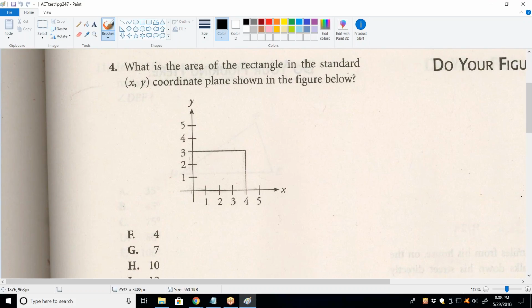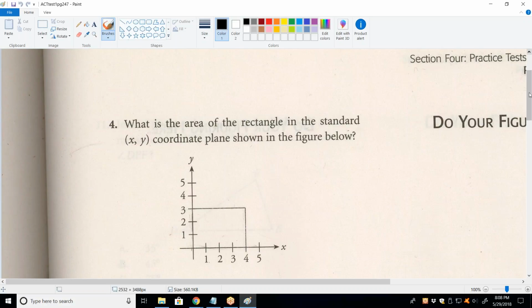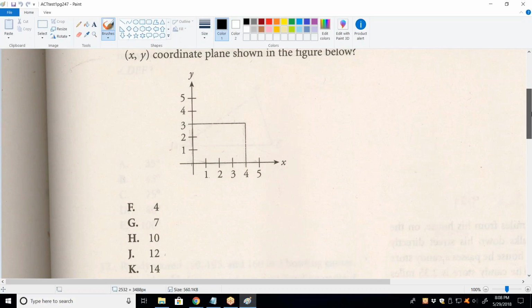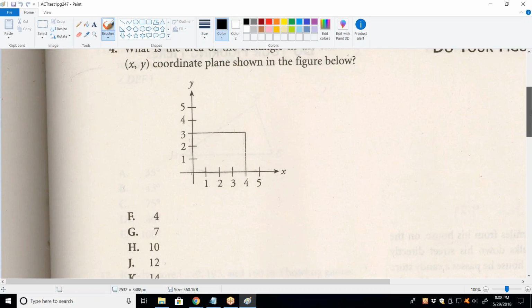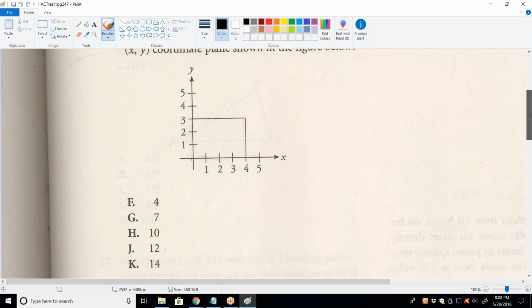Okay. Here, let me get it down just a hair. Hold on. I want to at least get, well, there's the answers, 4 through 14.